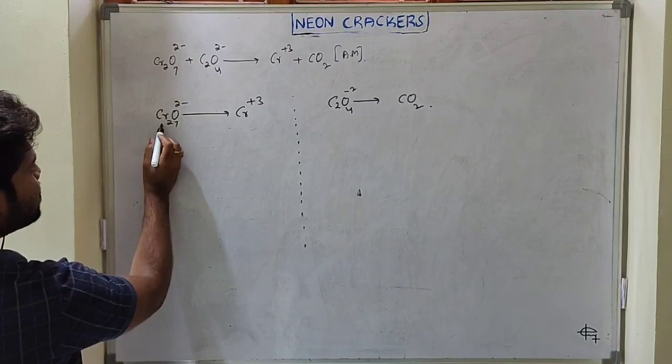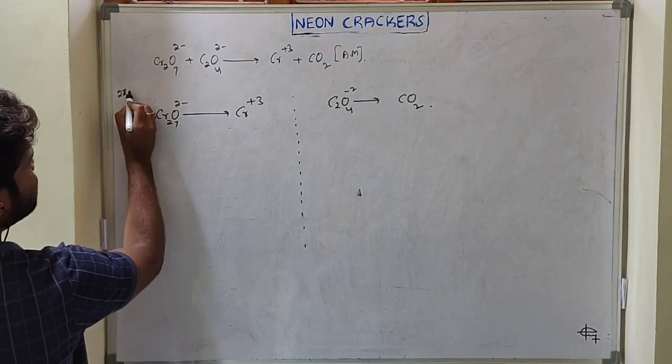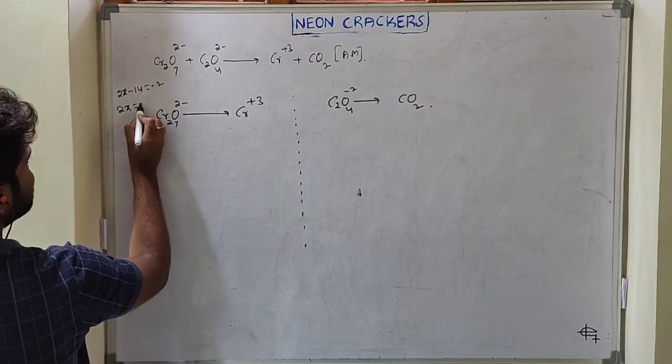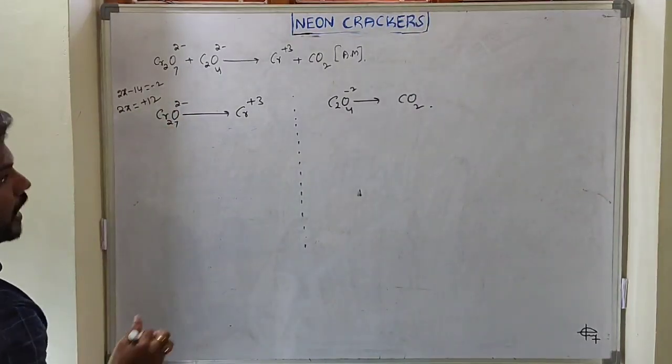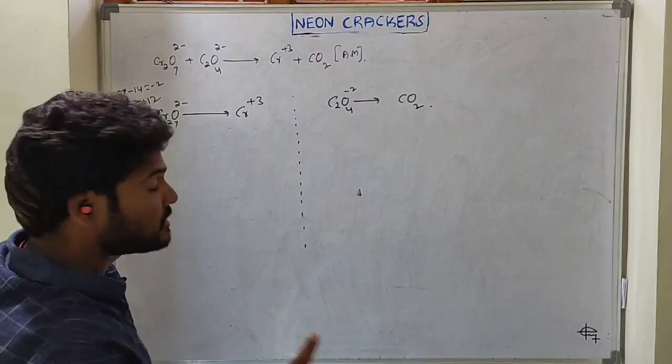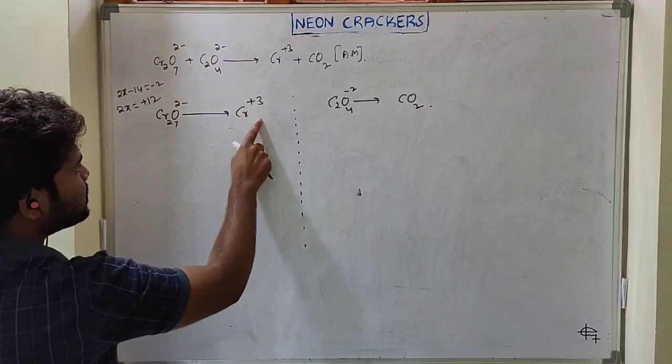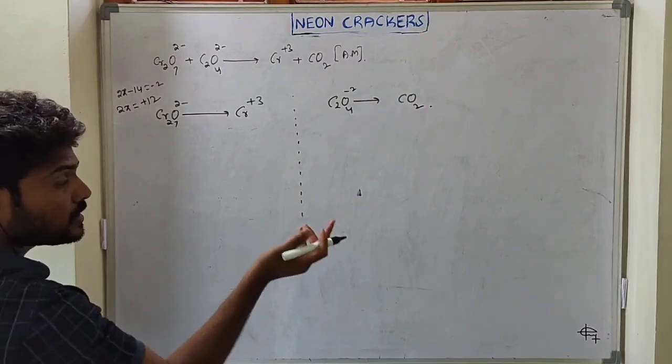Chromium's oxidation number is changed. Here 2x minus 14 equals minus 2, so 2x equals plus 12. One chromium atom has plus 6 oxidation state, and here the oxidation state is plus 3. So plus 6 changes to plus 3.